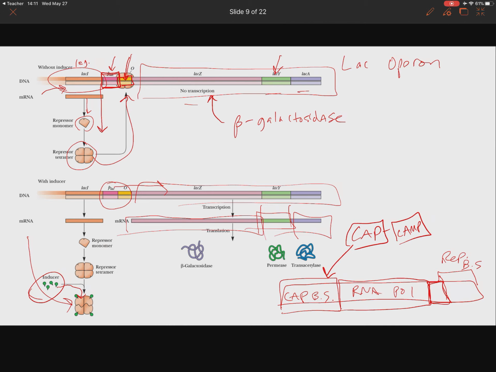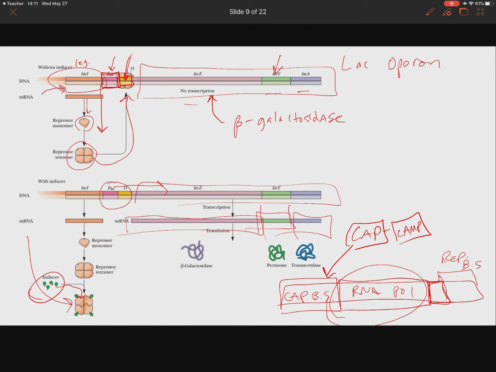And I think in the presence of glucose, this doesn't happen. So in the presence of glucose, we don't get this complex. When glucose isn't around, the cyclic AMP forms the complex with the CAP protein, and then they bind to the CAP site, and this allows RNA polymerase to come in here and bind.